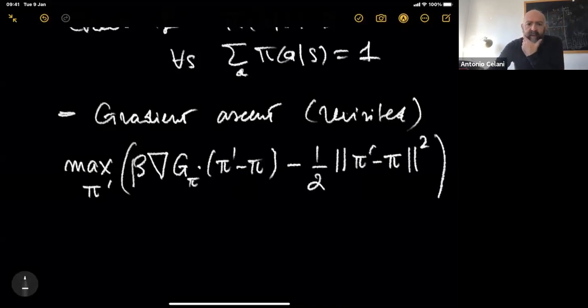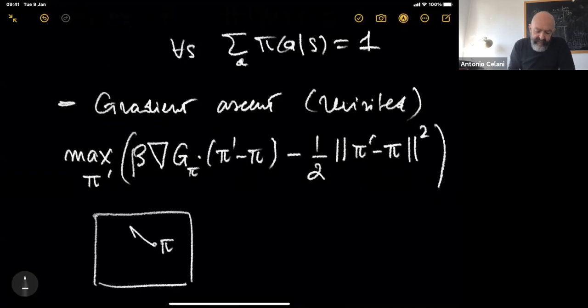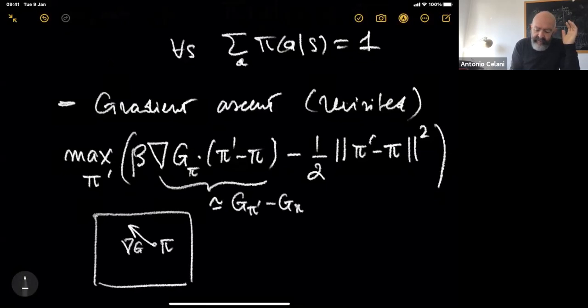So what am I writing here? Suppose that I have a policy pi, and I have a gradient, grad g in pi. Then this quantity here is a first order expansion, so it's approximately equal to g of pi prime minus g of pi.